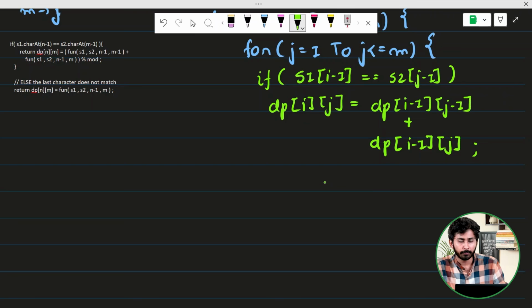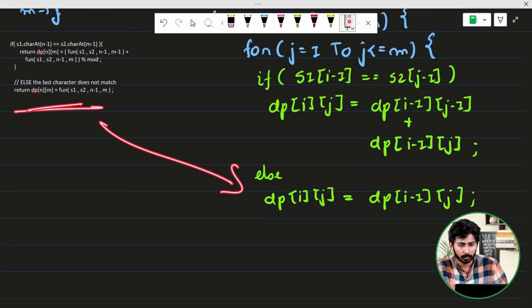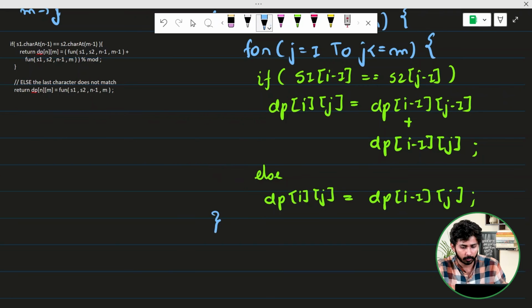Have a look at this code simultaneously. This is if the ith character matches in both of them. Else, dp of i comma j is equivalent to dp of i minus 1 and j. I've converted this into the entire tabulation, and now here ends our for loop.